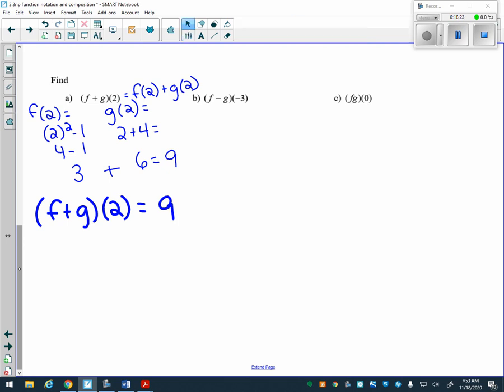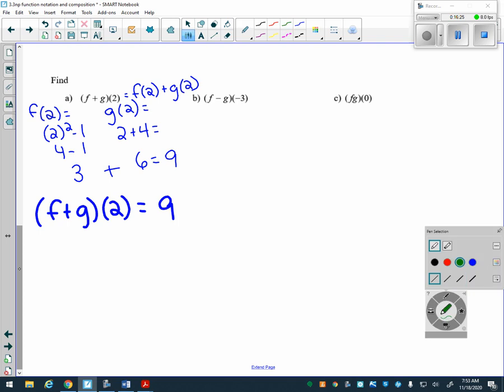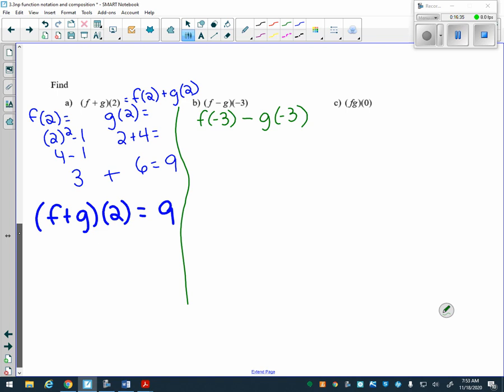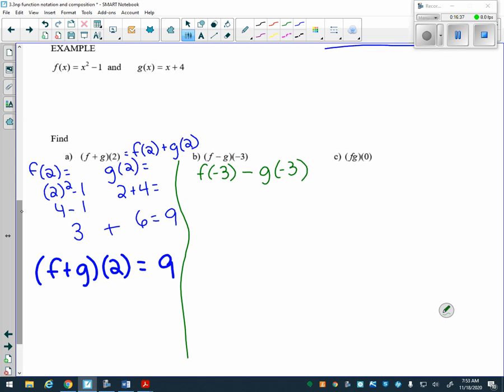So for subtraction, we do the same thing. You have f of negative 3 minus g of negative 3. So I will show you what this looks like when you combine them together. So we have f of x equals x squared minus 1. So in this first bracket, I have negative 3 squared minus 1.